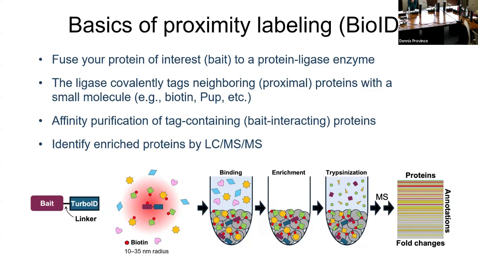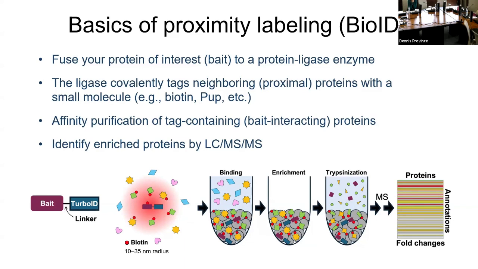And that radius, it depends, but you'll see some reports that it's 10 nanometers, so only maybe a couple diameters of a protein, to more accurately, I think, 35 nanometers. So that's its sphere. And the closer this other protein is, the more likely it is to be biotinylated.